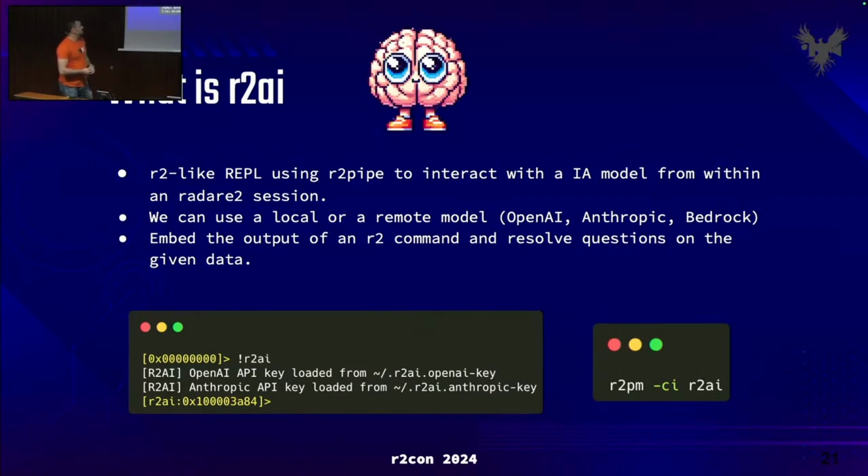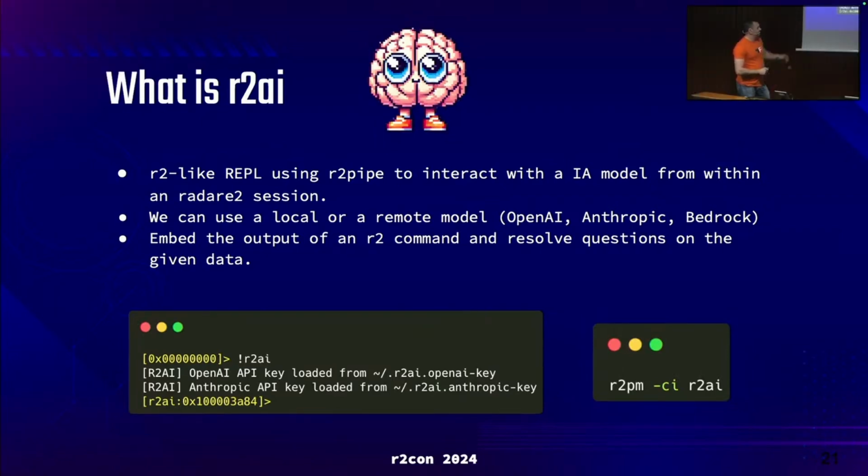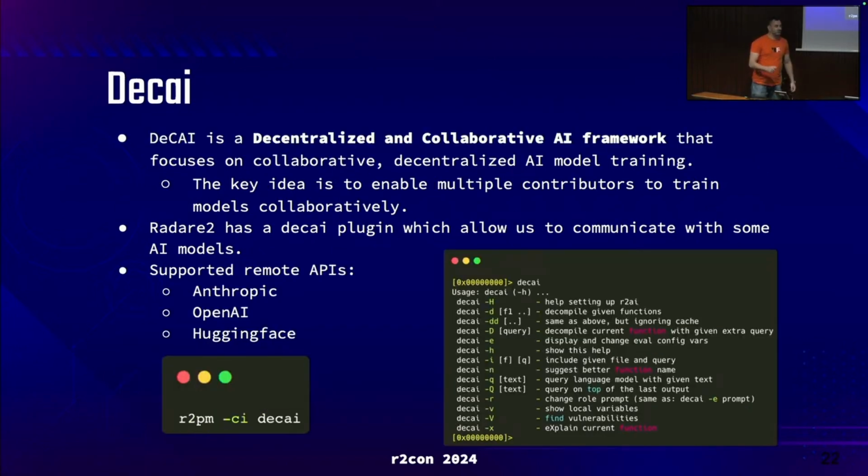The first thing is that with R2 AI, you should be able to communicate with different AI models, local or remote, like Claude, OpenAI, or whatever. And it's super easy to install. I'm actually using R2PM just to install it. But in the end, what I'm using is just the Kai.